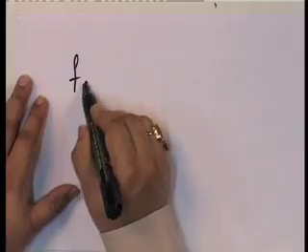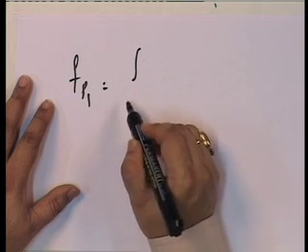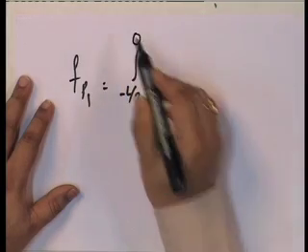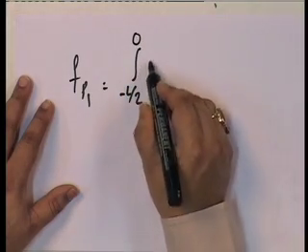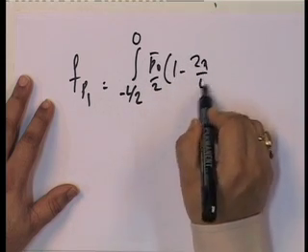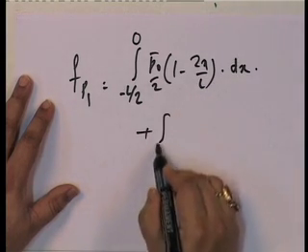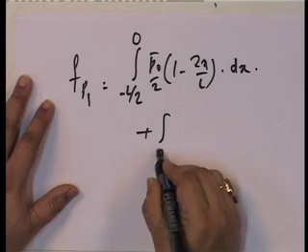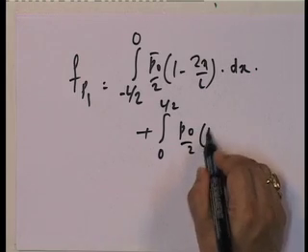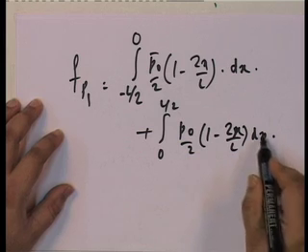My f p 1 is equal to the integral, well, I will do it formally, 0 to L over 2 of p naught upon 2 into 1 minus 2x over L into 1 into dx plus 0 to L over 2 of 1 minus 2x upon L dx.